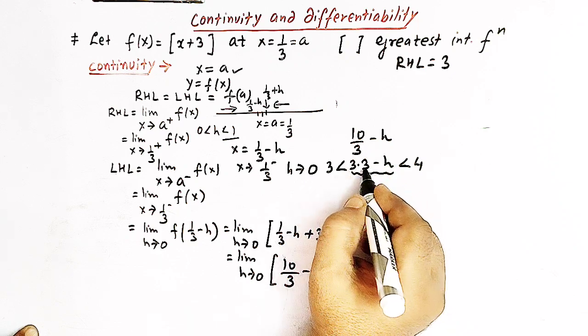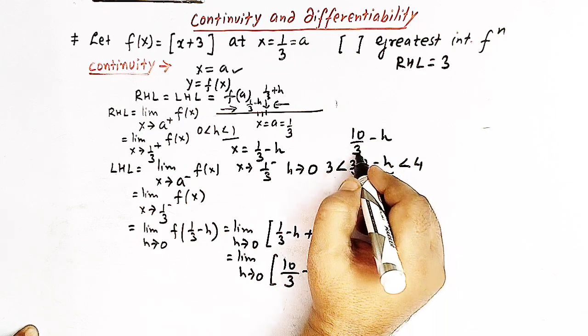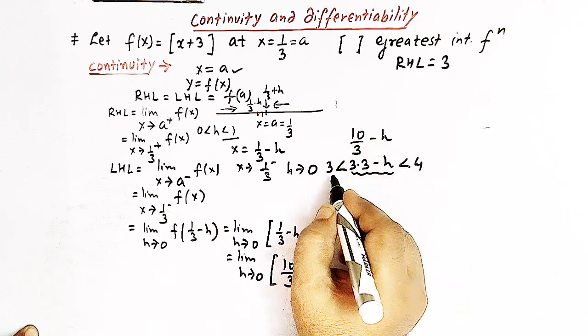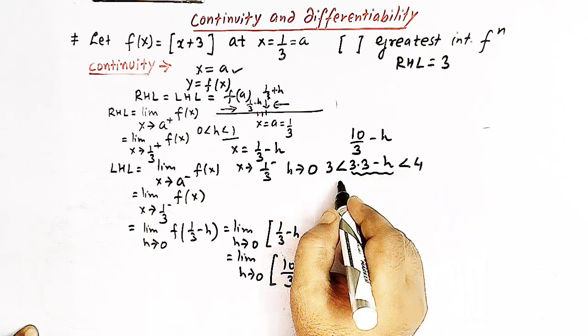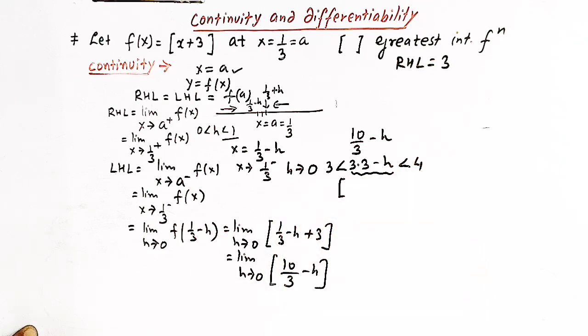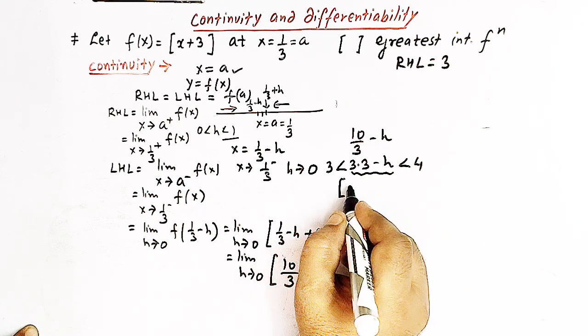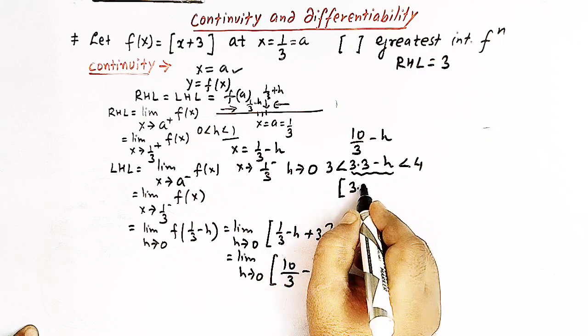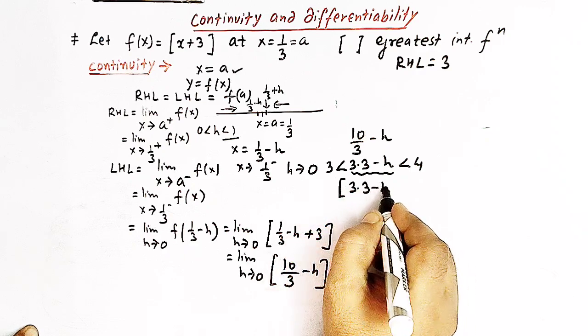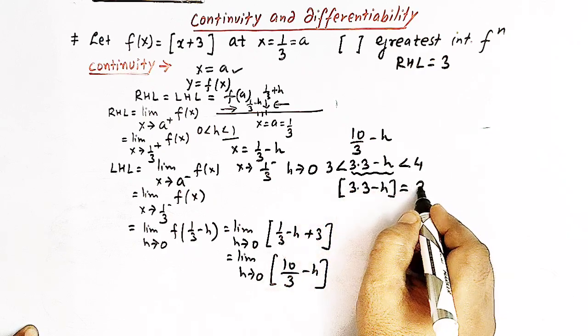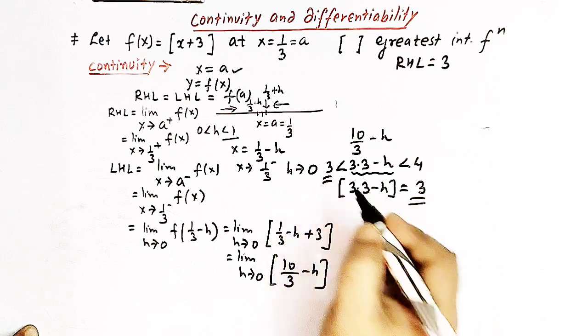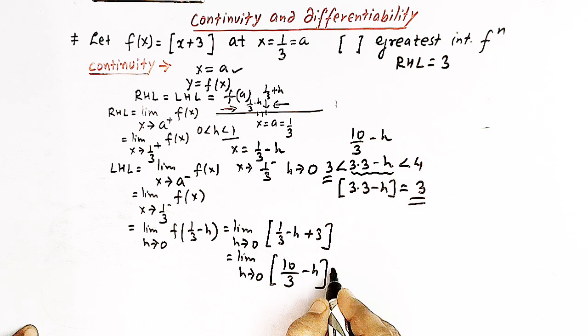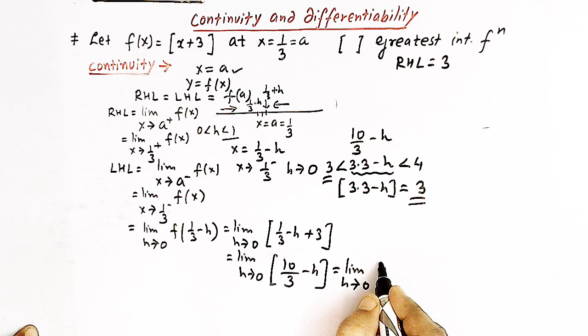So 3.3 minus h, or 10 over 3 minus h, it lies between 3 and 4. So by the definition of greatest integer function, the value of greatest integer of 3.3 minus h is equal to this number 3, right?